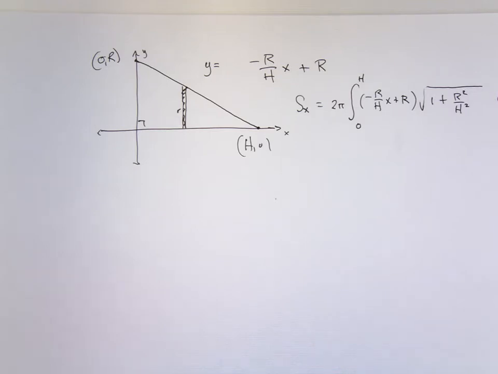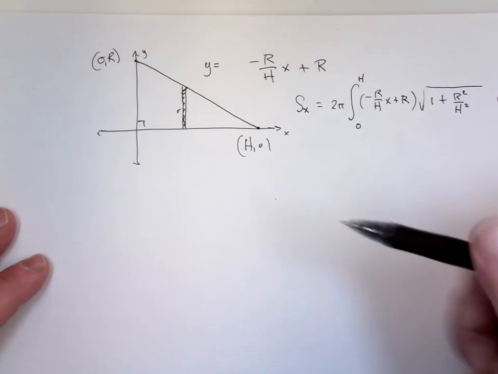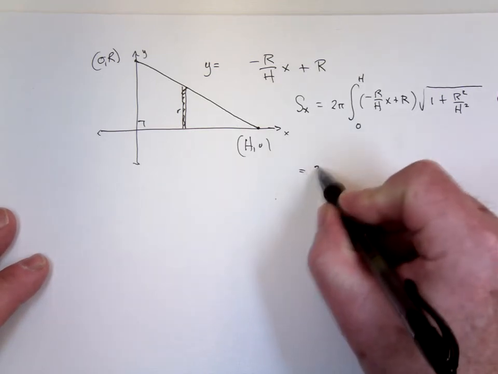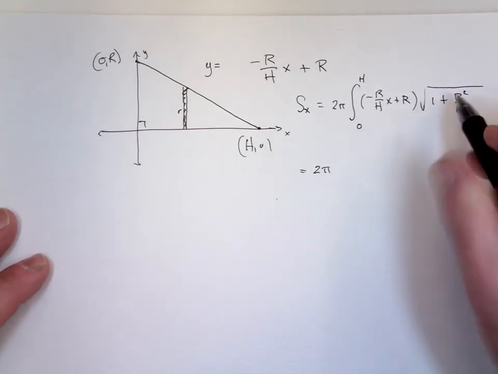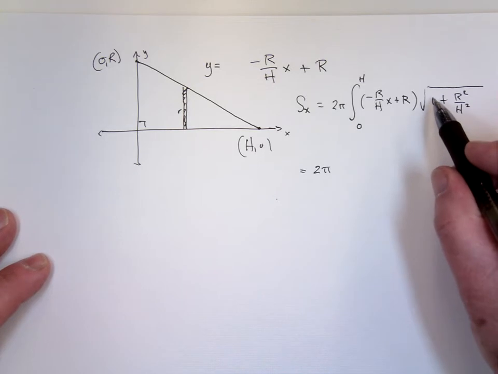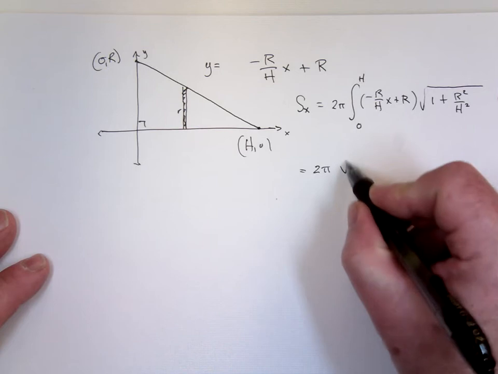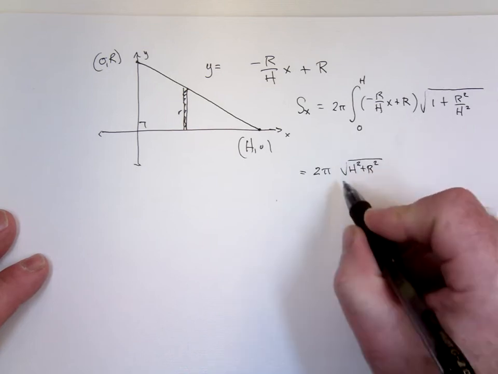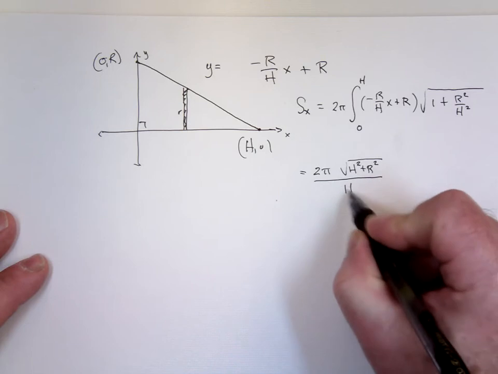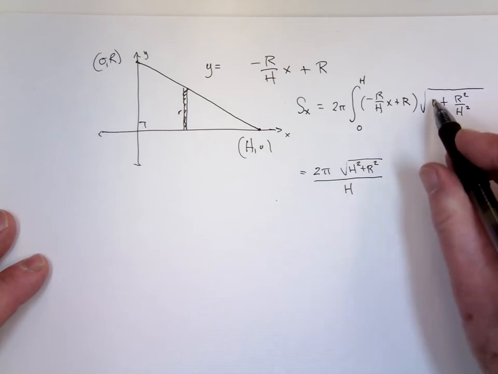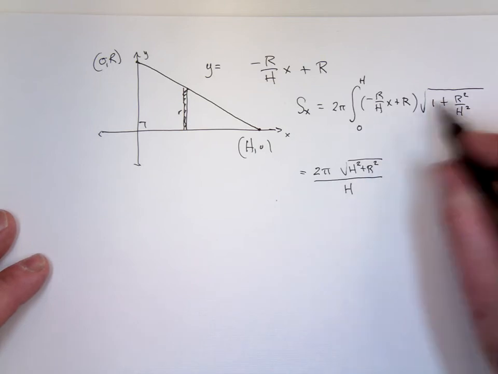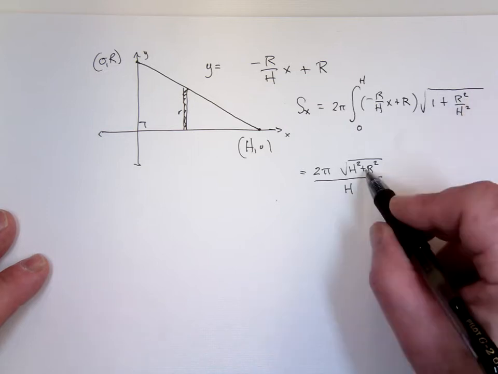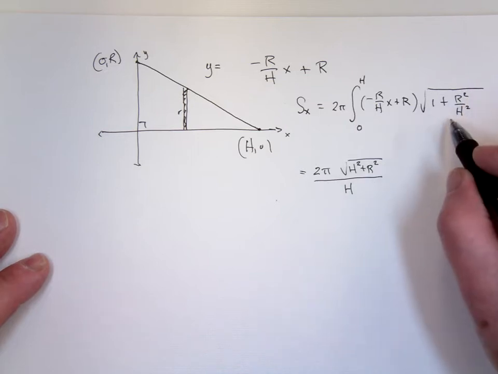Let's do it. So 2 pi. This is a big constant here. I'm going to take h squared over h squared, combine this into 1, and get the square root of h squared plus r squared over h. Everybody see that? I just multiplied by h squared over h squared, added h squared plus r squared. The square root of h squared in the denominator becomes h, times the integral.